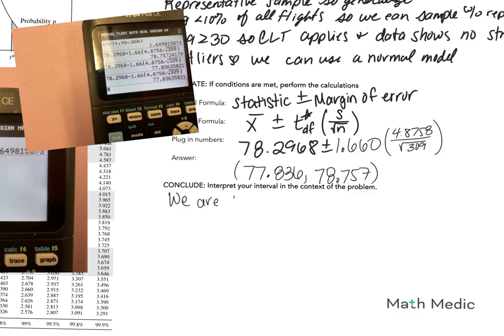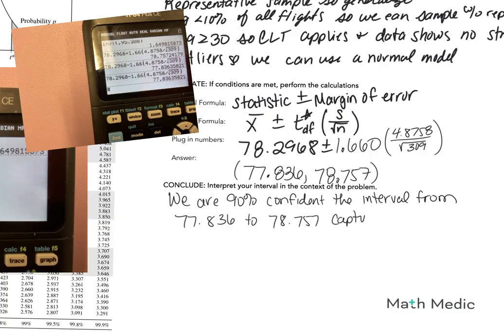We are 90% confident the interval from 77.836 to 78.757 captures the true mean percentage of on-time flights.